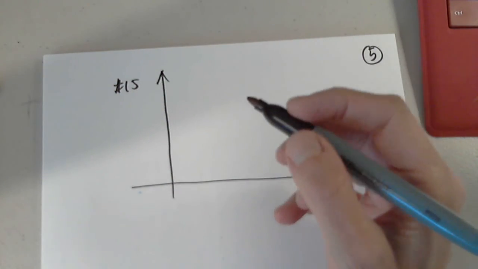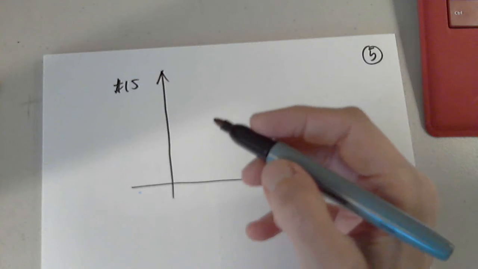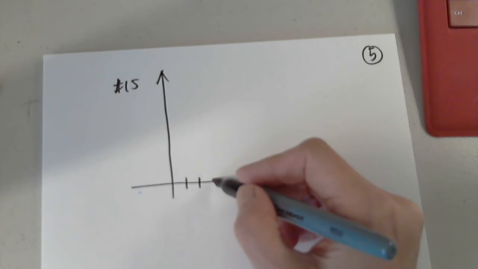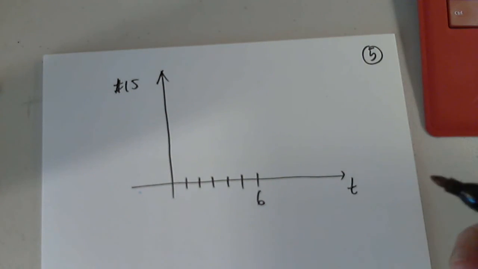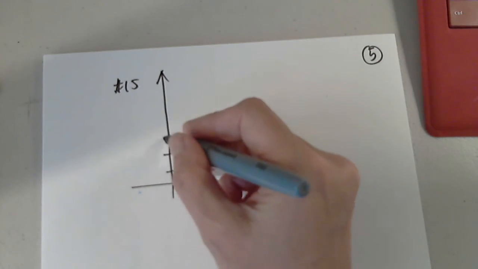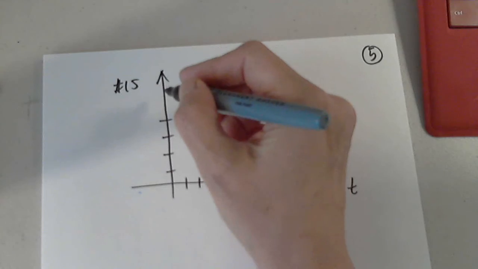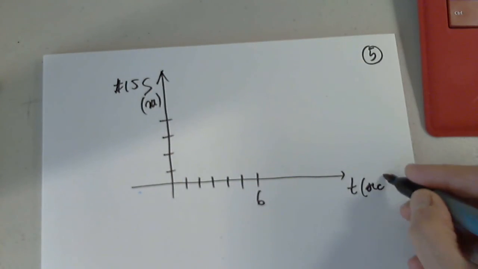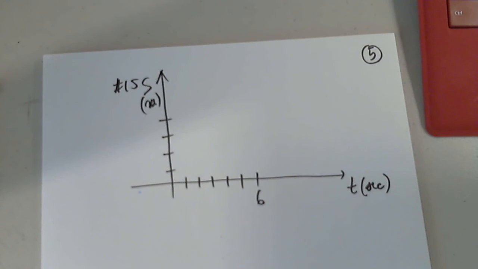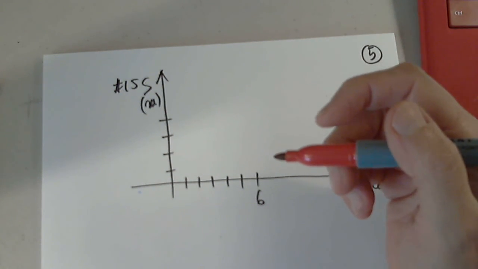Here's the graph of the position function. 1, 2, 3, 4, 5, 6. This is t. And 1, 2, 3, 4. And this is s in meters. And this is t in seconds. Okay. So the graph starts at the origin and goes to 1, 3.